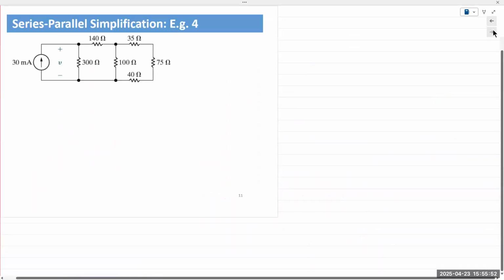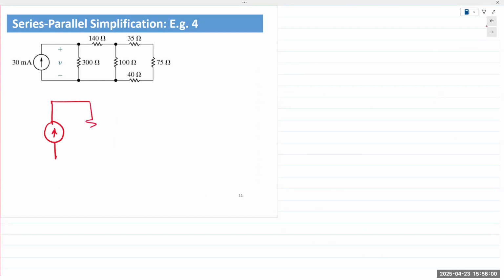All right, series parallel simplification, example number 4. Current source. We want to find Req.